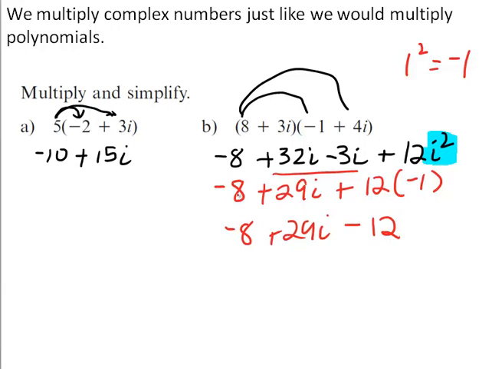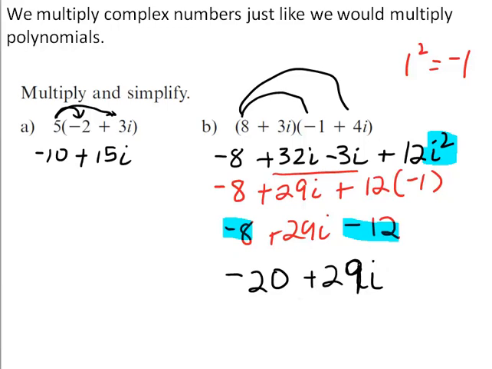Now, here you're going to combine like terms, so combine your reals. So negative 8 plus negative 12 is negative 20. And then there's nothing else to combine that with, so that middle term turns into the imaginary part. That should be just 29i.